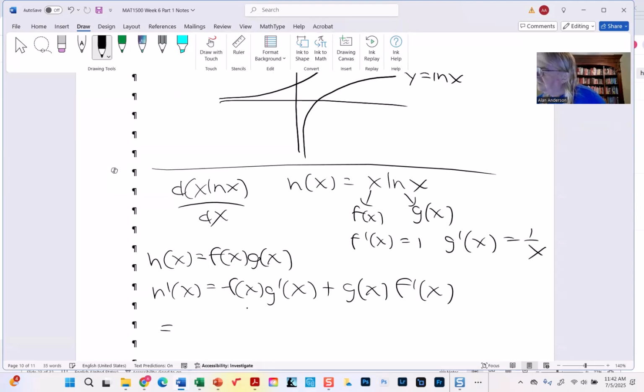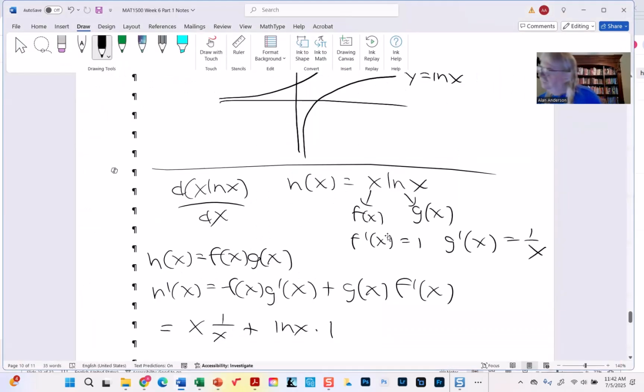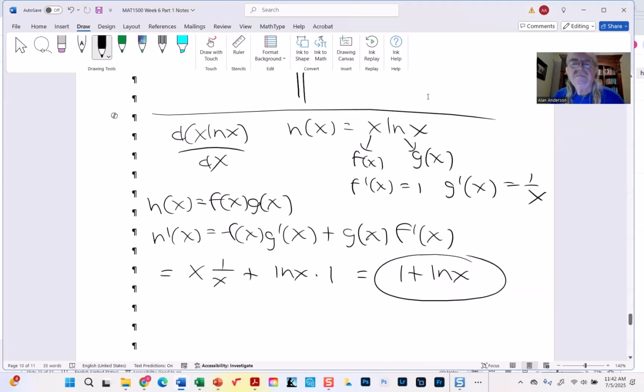So we would have x times 1 over x plus log x times 1. Okay, so you get 1 plus log x. So that's where that's coming from.